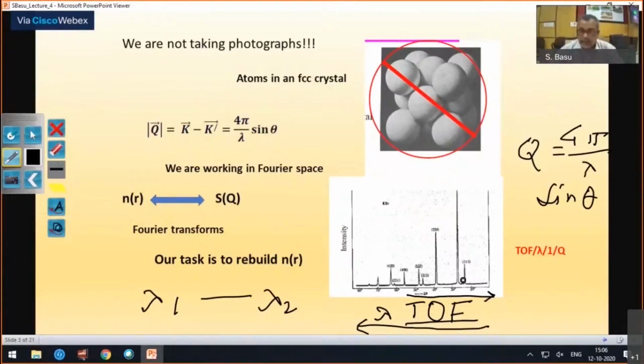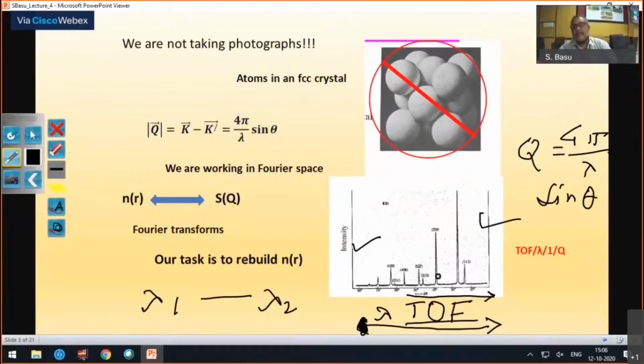So the time of flight data maps the lambda. Larger the time of flight, larger is the lambda, smaller is the Q. So this is the small Q region, and this side is the large Q region.